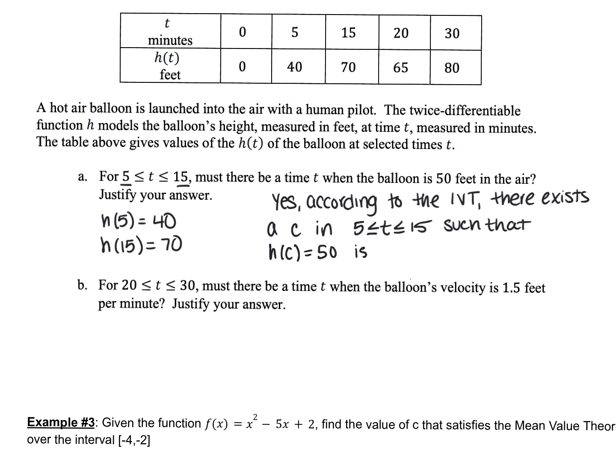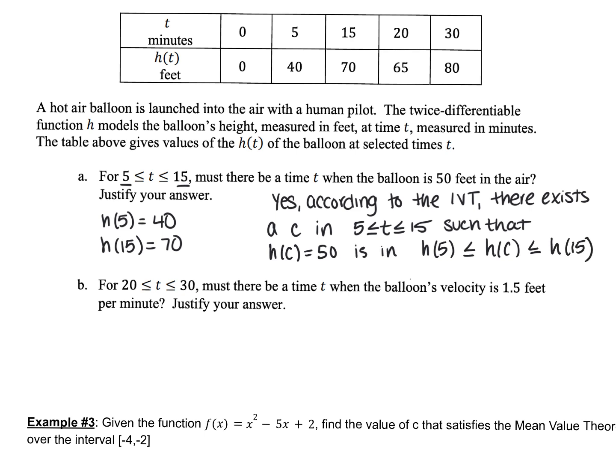You can just say the smaller value first, so h of 5 less than or equal to h of c less than or equal to h of 15.